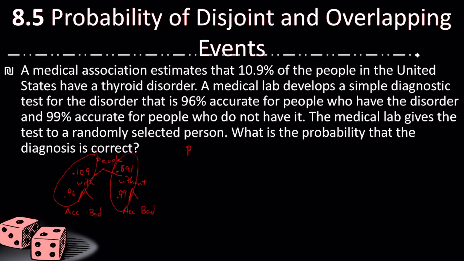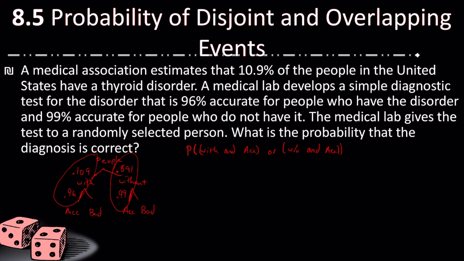How would we write this out? Well, we want the probability that it's accurate. That should be the probability that it's with and accurate, or it might be without and accurate.